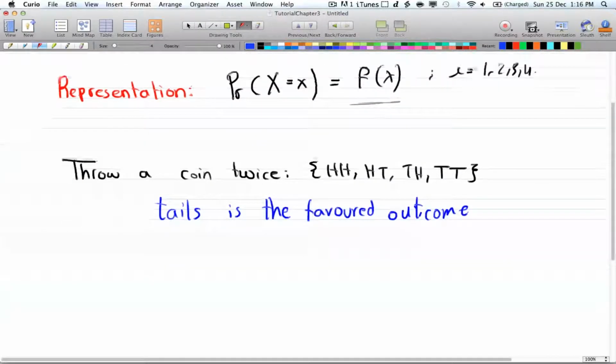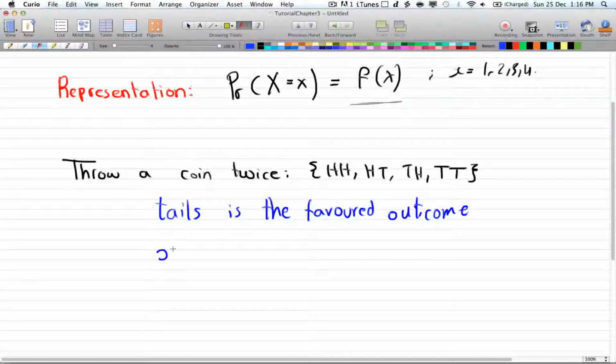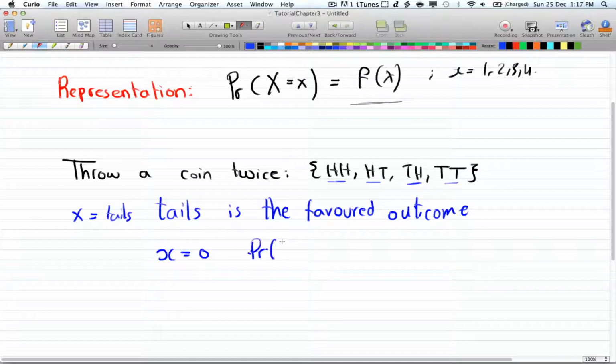Then the probability that x happens 0 times, so x equals tails, the probability that happens 0 times is 1 out of 4. So when x equals 0, the probability of x equals 0 is equal to 1 over 4.